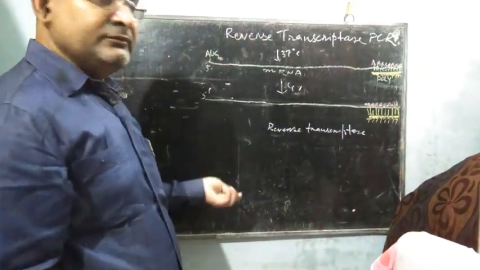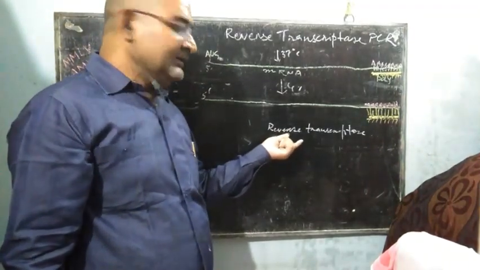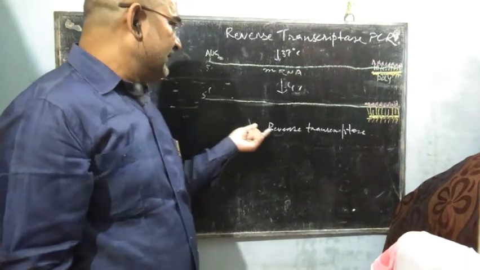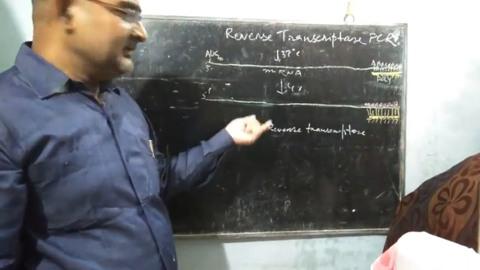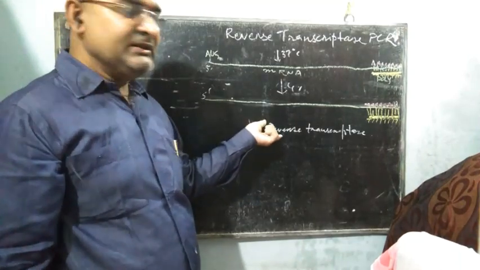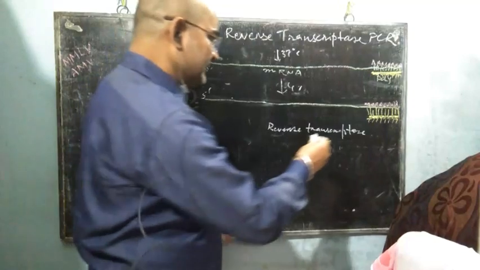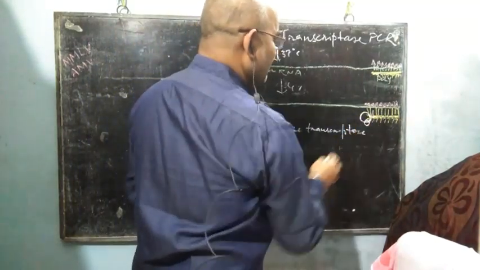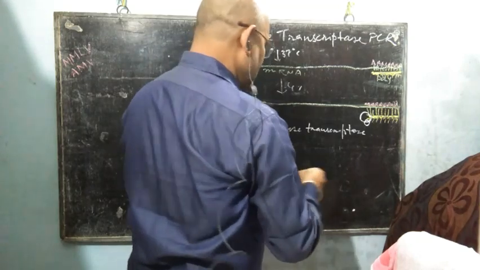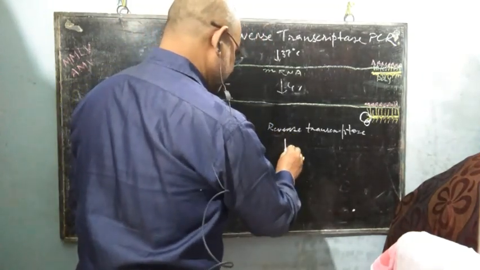And as we are discussing, the enzyme reverse transcriptase is responsible for the synthesis of a DNA template from the RNA. That means the reverse transcriptase is an RNA-dependent DNA polymerase, and it is the polymerase which is responsible for polymerization of the strand.